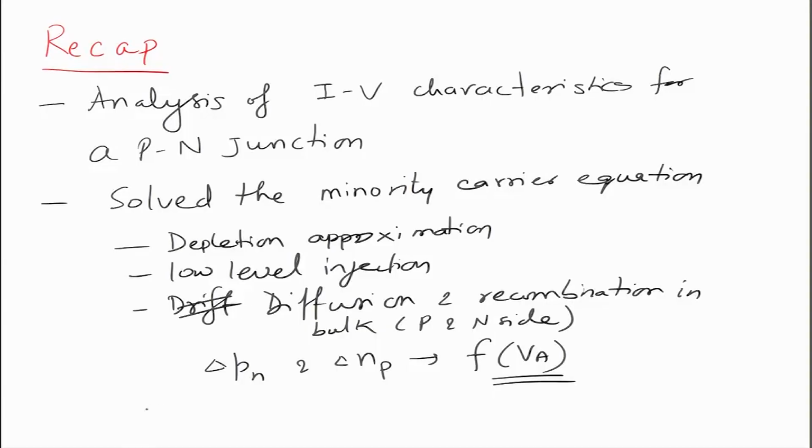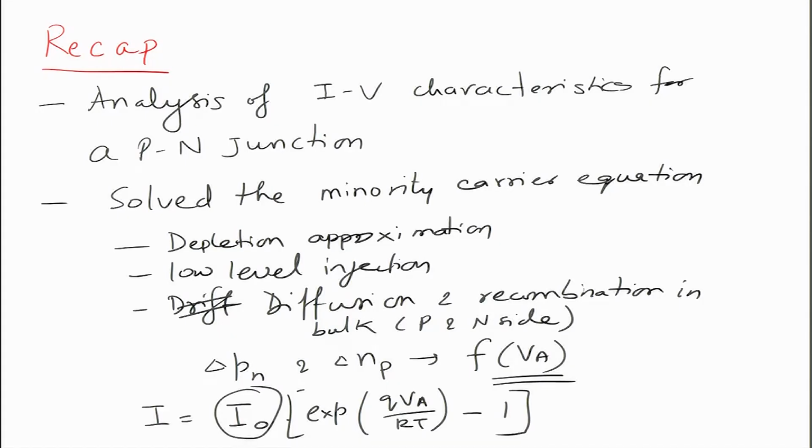So, you calculate Jn and Jp diffusion, and then you sum them together to calculate the total current in the semiconductor device. So, what we got was something like this: I is equal to I naught exponential of QVA by KT minus 1, alright, and I naught is this reverse saturation current.